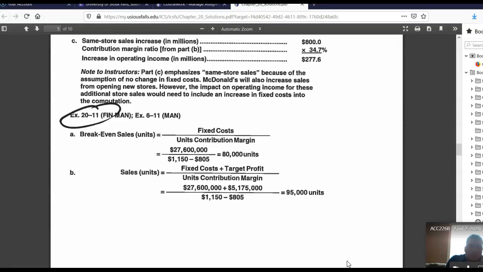This is not a trick question, but somebody tell me, if we sell 80,001 units, can anybody tell me how much money do we make? Anybody want to guess? We sell one more unit than what it takes to break even.